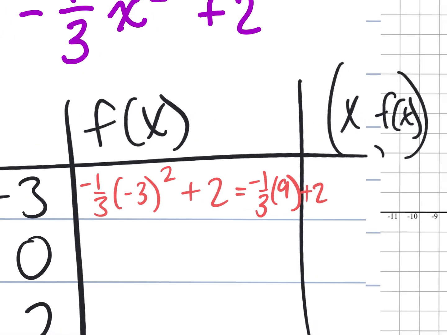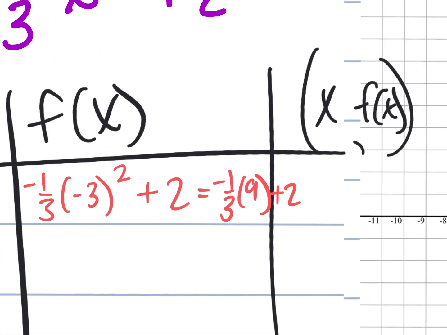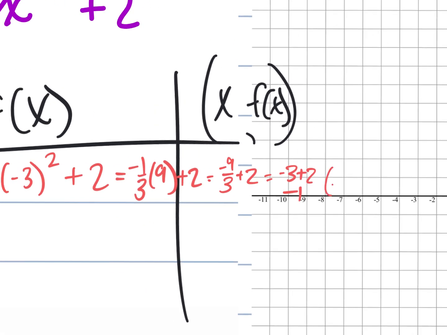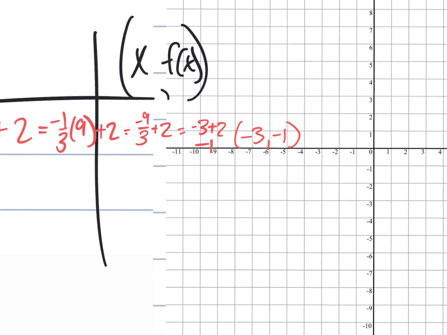And then you have to multiply, so it'd be -9/3. Simplifies to -3. Very good. -3 plus 2 is -1, so it'd be -3 comma -1. -3 comma -1 is my first point. Very good, Karen. Let's go ahead and put that on our graph. -3, -1.